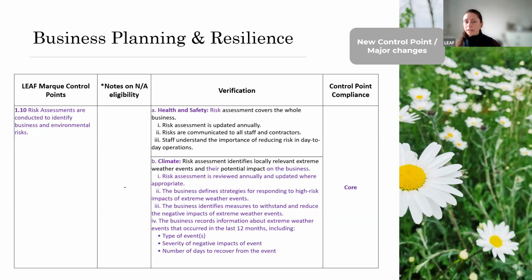We're also proposing to add a monitoring element. So this is the fourth component of this control point, recording information about these extreme weather events, including the type of event. So what events did the business experience in the last year?